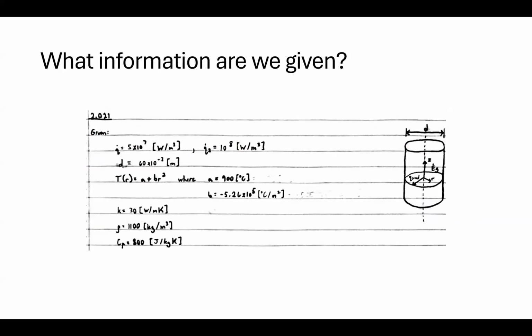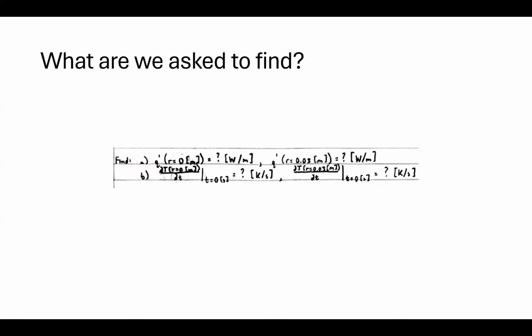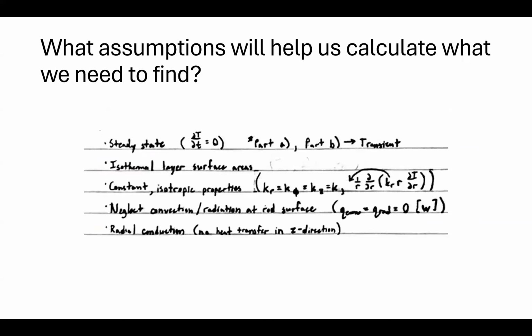So here's what we're given. And we're trying to find again the heat transfer rate per unit length at the center line and surface for part A, and then the time rate of change of the temperature after the heat generation is increased.